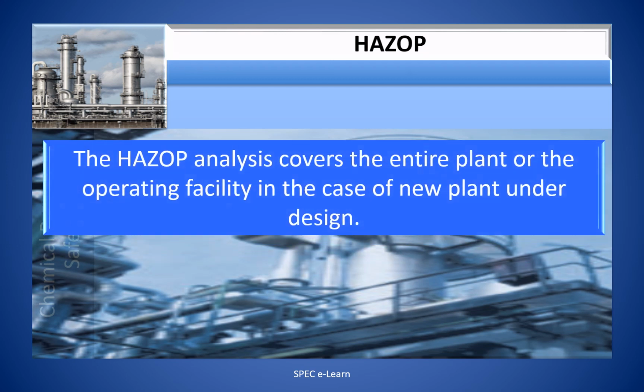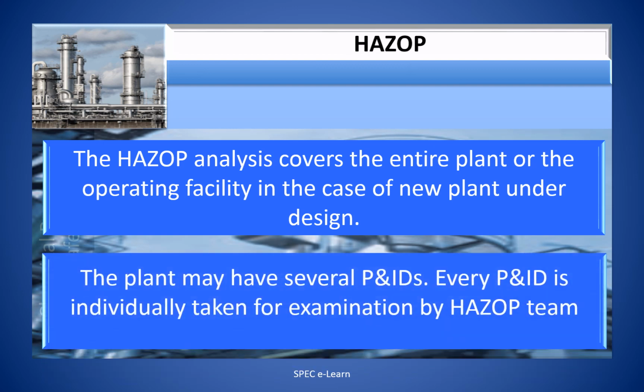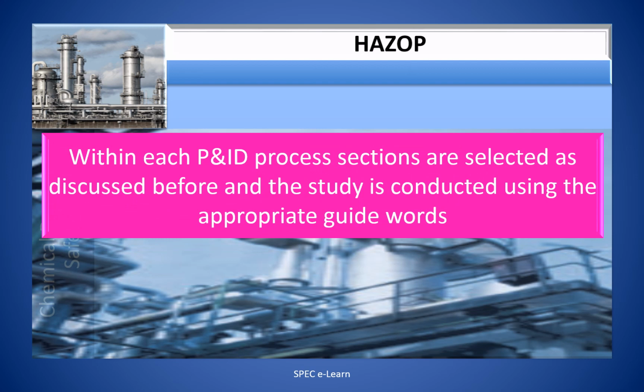The HAZOP analysis covers the entire plant or the operating facility in the case of a new plant under design. The plant may have several P&IDs. Every P&ID is individually taken for examination by the HAZOP team. Within each P&ID, process sections are selected as discussed before, and the study is conducted using the appropriate guide words.